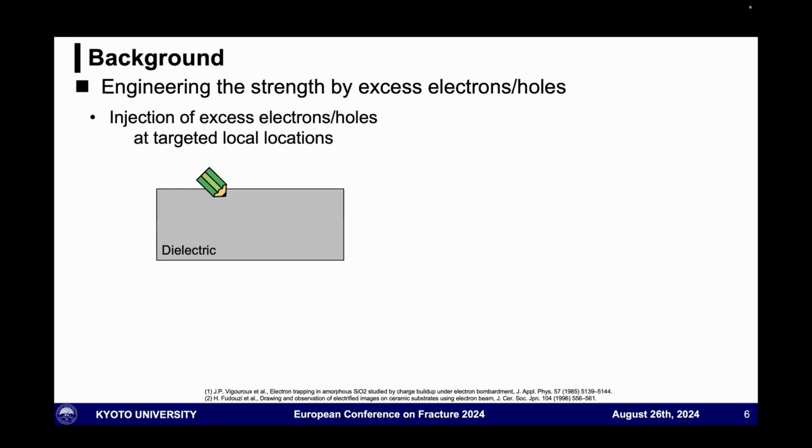We control mechanical properties by injecting and removing excess electrons and holes. We inject excess electrons and holes by EB irradiation at target local locations. This approach is expected to lighten the strengths.